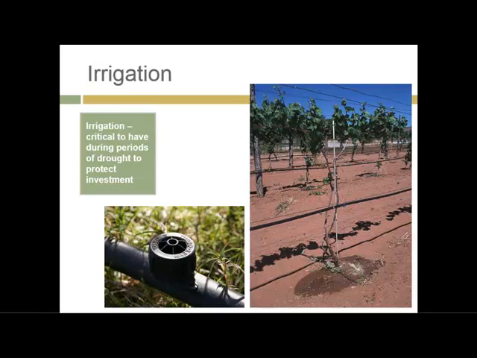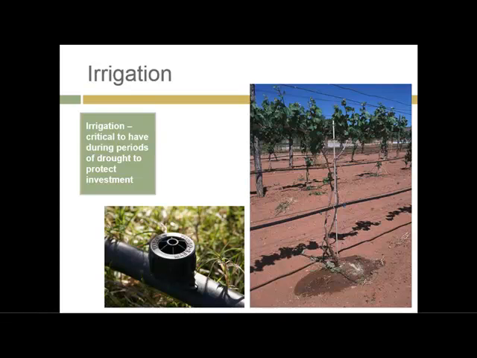Irrigation in keeping plants going during periods of drought is important, and most nurseries take advantage of drip irrigation. So a drip irrigation system just provides enough water to the root zone around a nursery plant to keep it alive. It's very cost effective and does not waste water, applies the water only where it's needed.